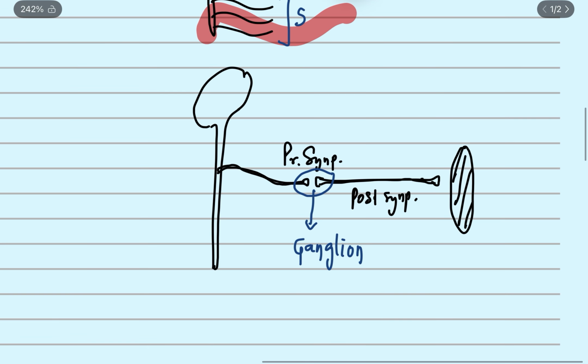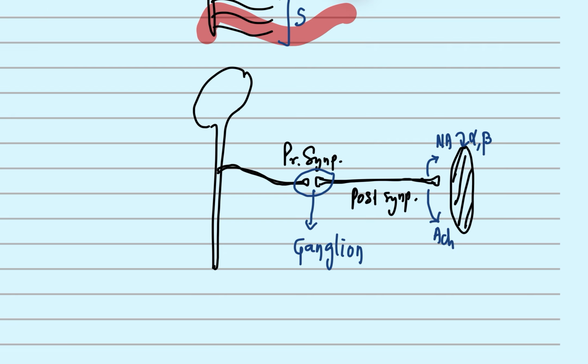Here in the case of the sympathetic nervous system, noradrenaline is released and that acts upon alpha and beta receptors. Suppose this is sacral outflow and this is the parasympathetic nervous system. This will release acetylcholine and acetylcholine will work on muscarinic receptors. But how does the transmission occur here?